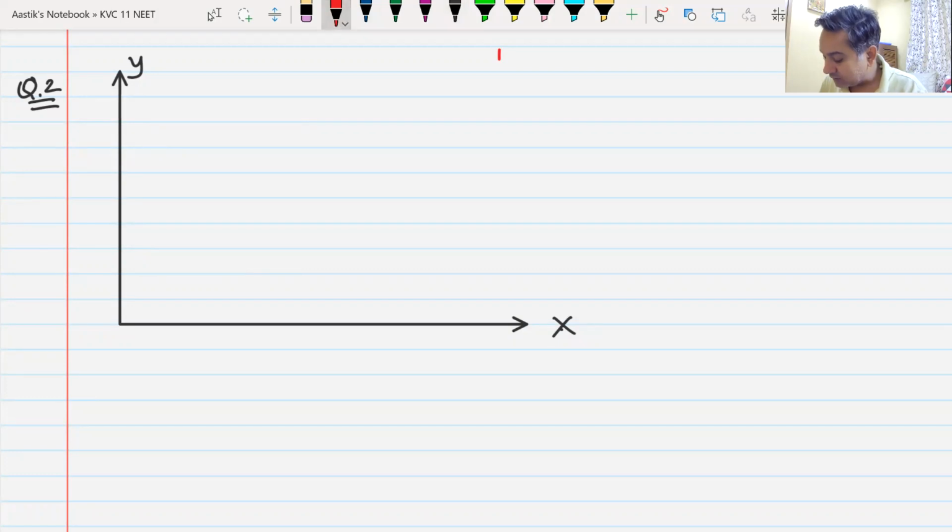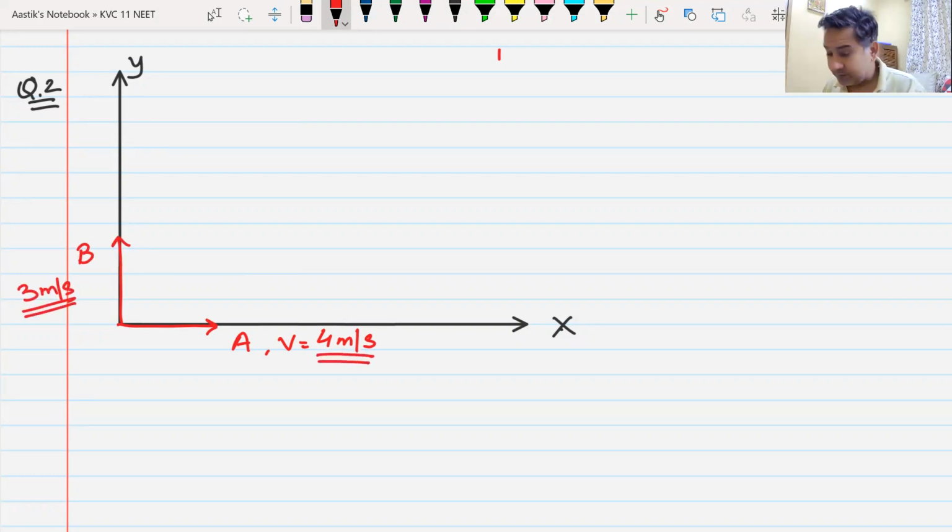We have two cars. Car A is moving with a speed of 4 meter per second in this direction. Car B is moving at a speed of 3 meter per second along the y-axis.